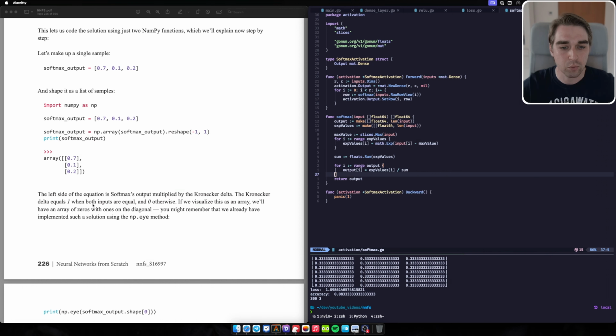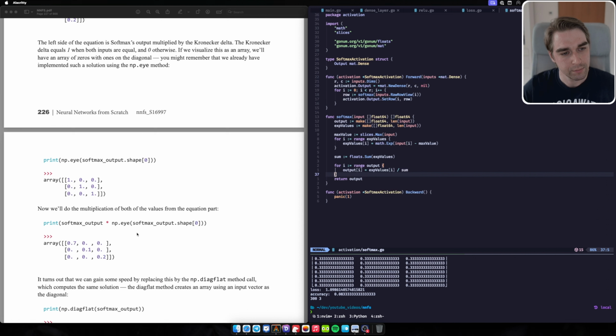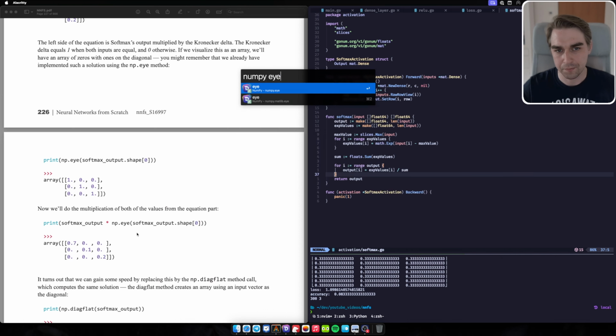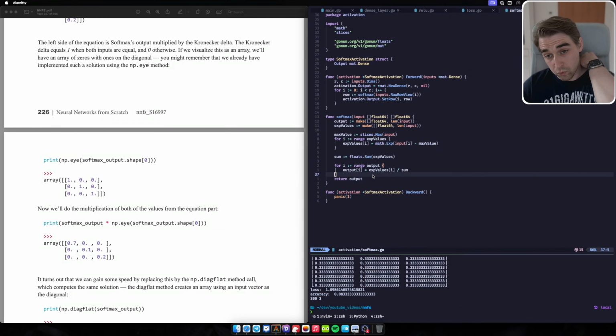You might remember that we already implemented such a solution using the np.eye method. np.eye returns a two-dimensional array with ones on the diagonal and zeros elsewhere. So for every row we'll have a two-dimensional array like that, with the diagonal.